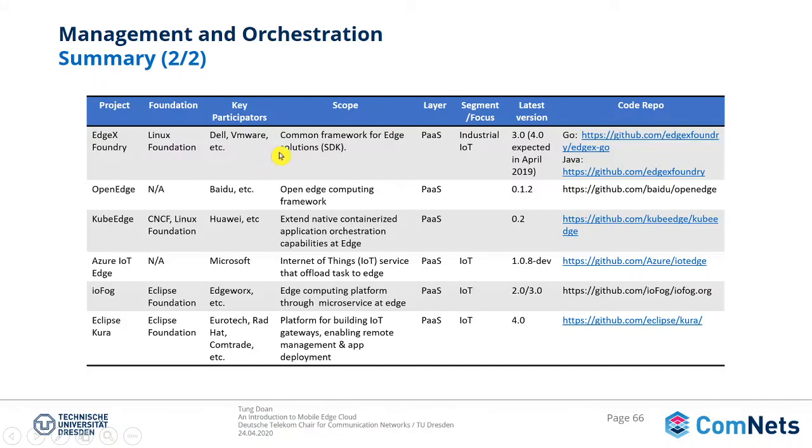However, they have different scopes. With EdgeX, the scope is a common framework for edge solutions. For a framework like KubeEdge, the scope is containerized application orchestration.